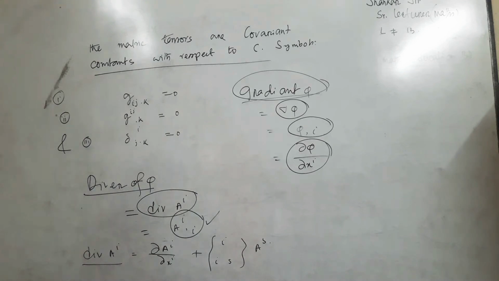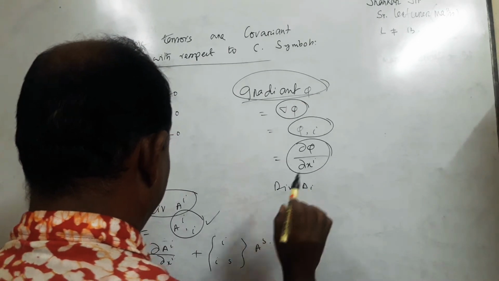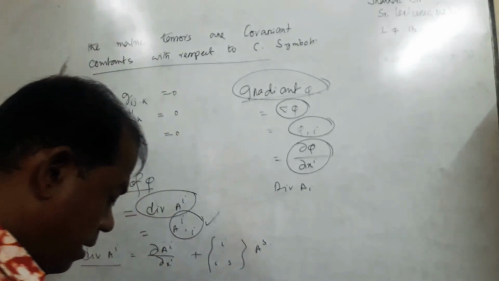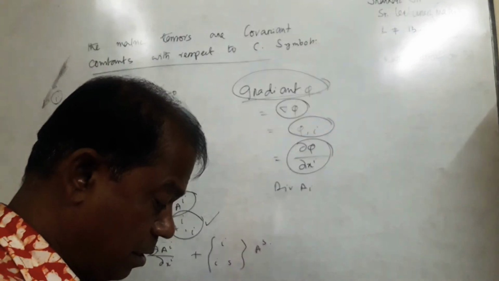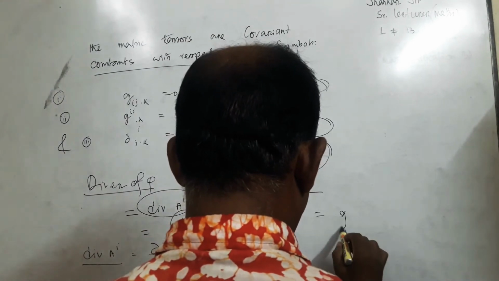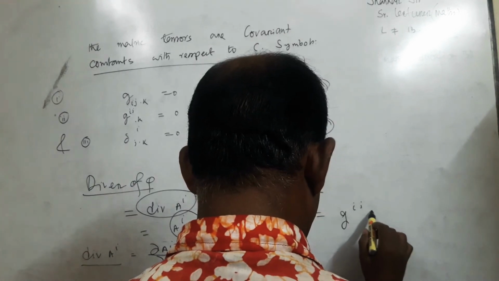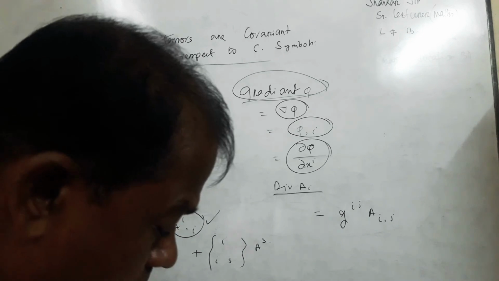And curl. This divergence of the covariant vector A_i is denoted by div A_i and is defined as g^ij A_i,j.